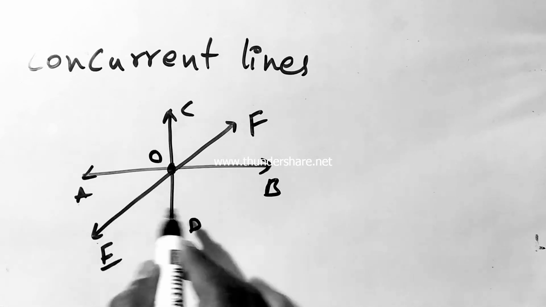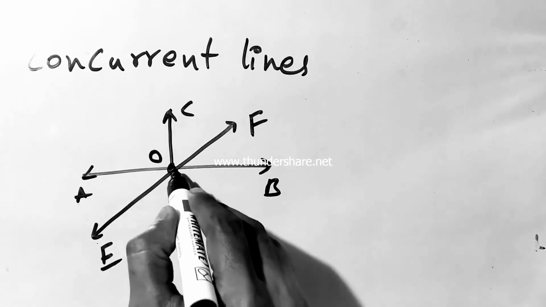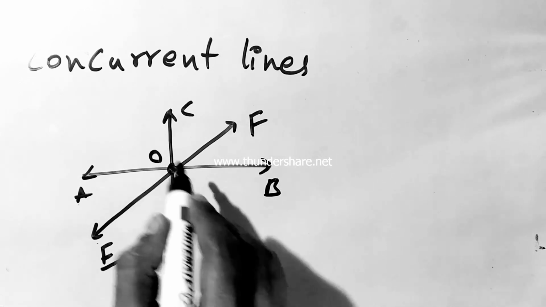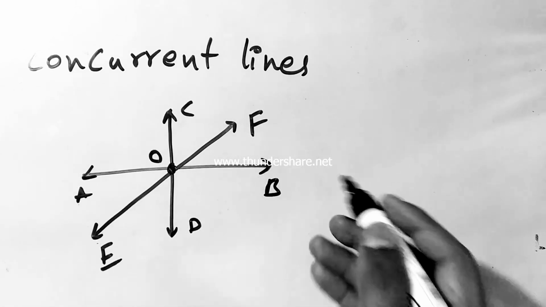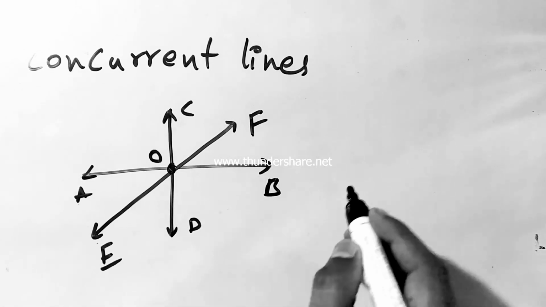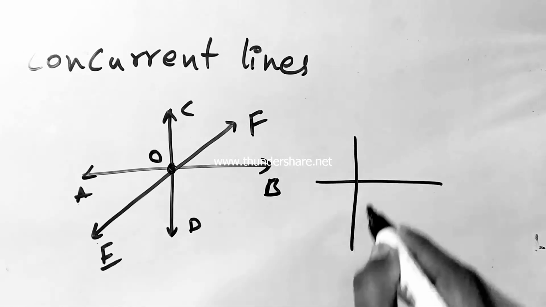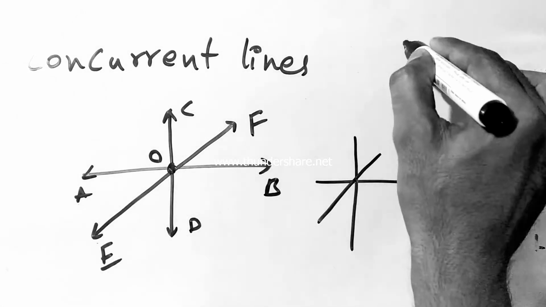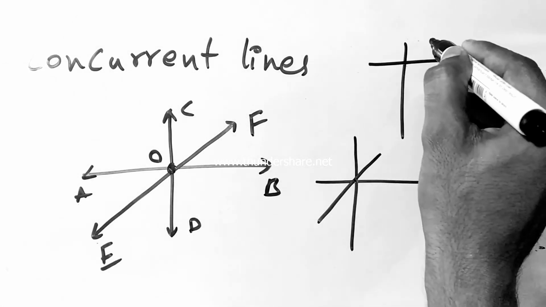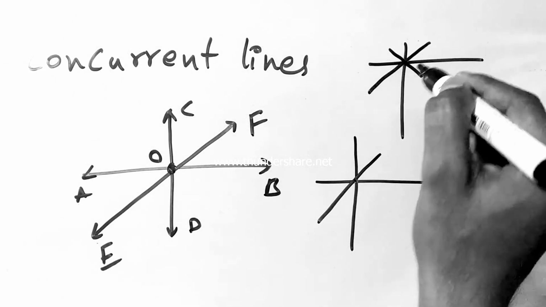So two or more lines passing through only one common point are called concurrent lines. When two or more lines have the same common point, then the lines are said to be concurrent.